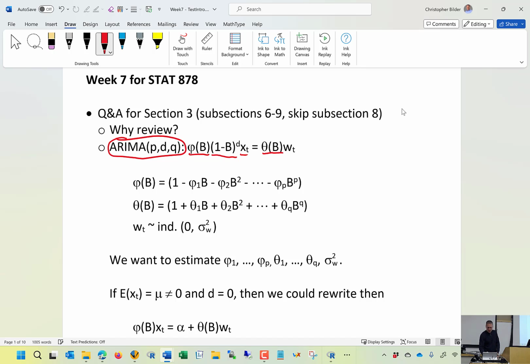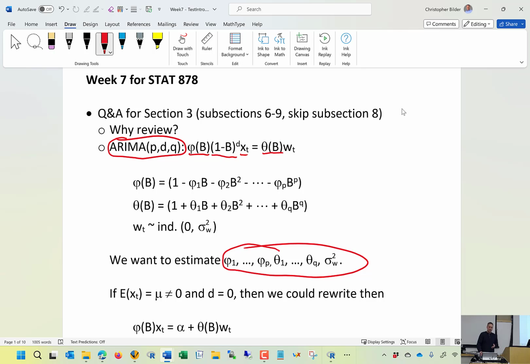Then we set that equal to our moving average operator times w_t. w_t is our random variable that denotes what's called white noise, meaning each of these w's indexed by t are independent of one another. They have a mean of 0 and a constant variance. With this setup, what we want to do is estimate all the corresponding parameters in the model: the phis, the thetas, and also sigma squared.